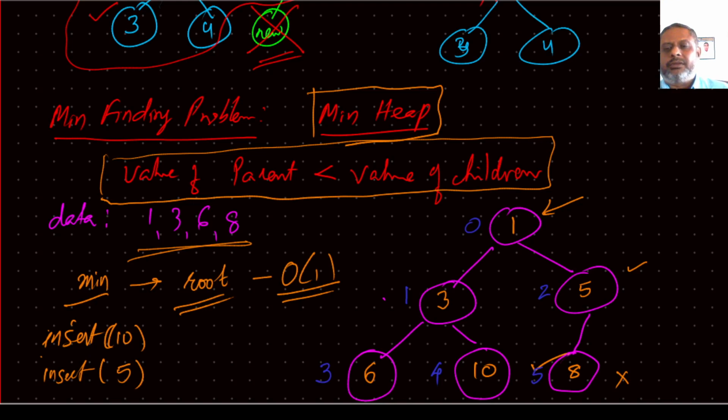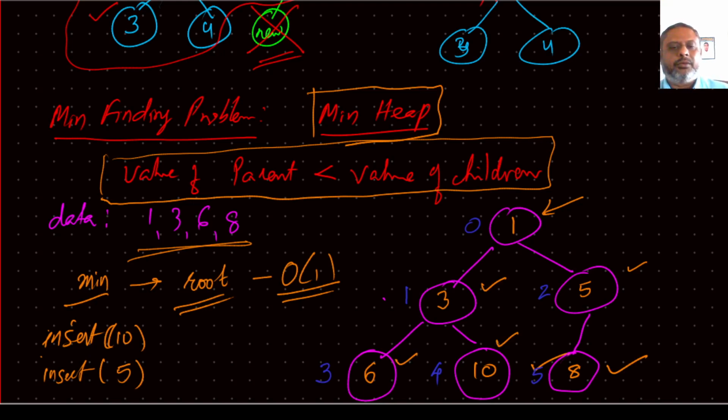It is 1 at level 0, it is 5 at level 2, no issue. 3 at 1, 6 at 3, no issue. 3 at 1, 10 at 4, no issue. 5 at 2, and 8 at 5, no issue. So after making this correction, yes, this also is okay. So all seem to be okay.